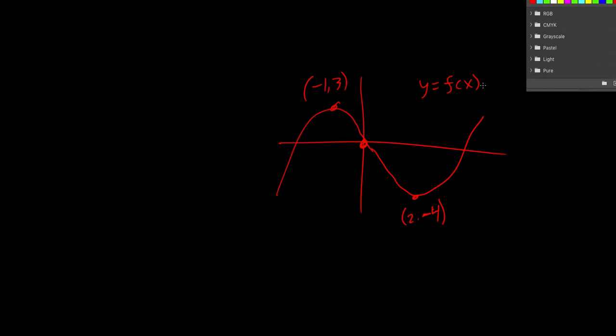Okay, it just says find the intervals where f of x is increasing or decreasing. So we'll say increasing, decreasing. Okay, so if we go from left to right and we're going uphill, these green spots are considered going uphill, okay?